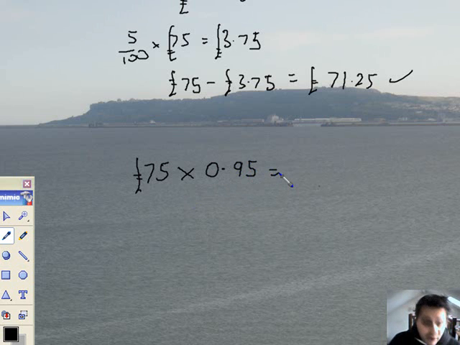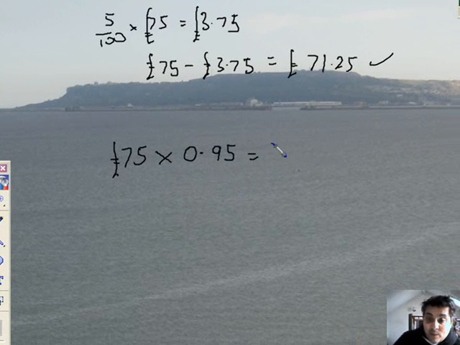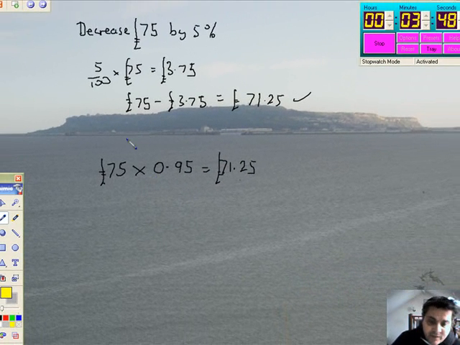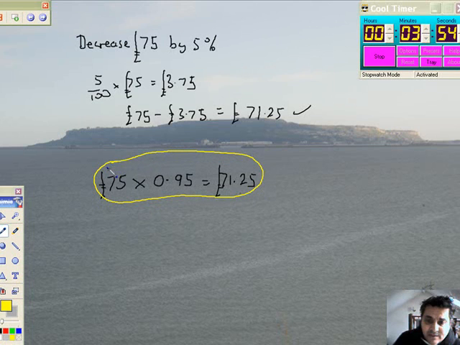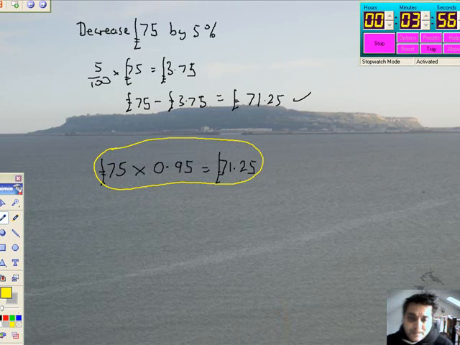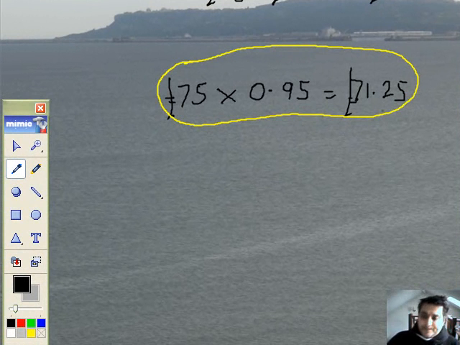So now I can grab my machine and say 75 times 0.95 gives us £71.25. Do check it yourself. I think you find that's a really nifty method. Dead easy, isn't it? That's the power of multipliers.